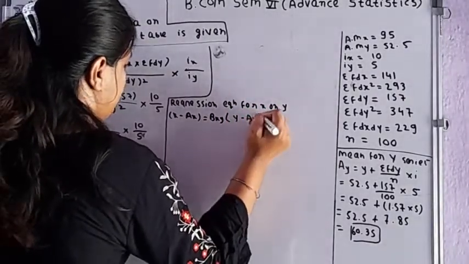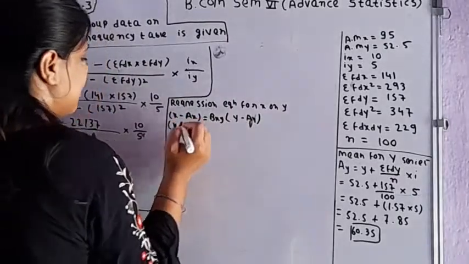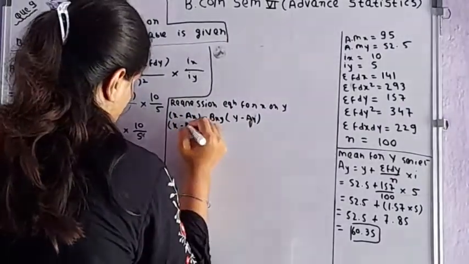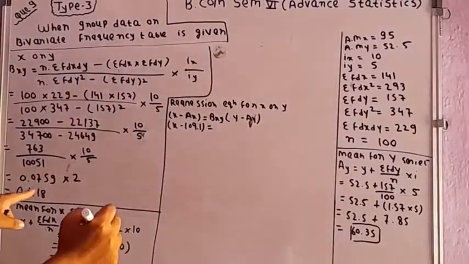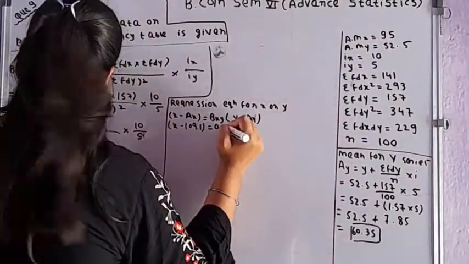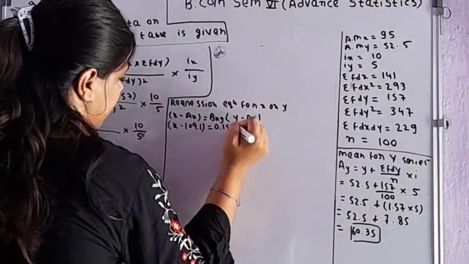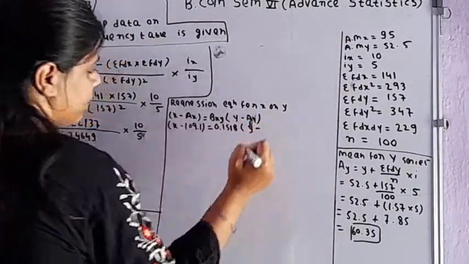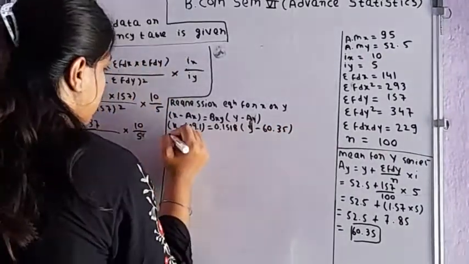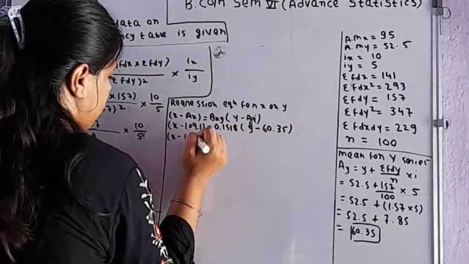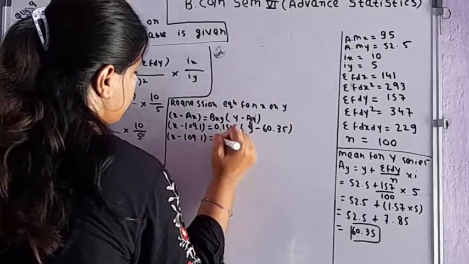So here x would be as it is. Ax would come to 109.1, is equal to bxy, it is 0.1518, under bracket y minus ay, which would be 60.35.